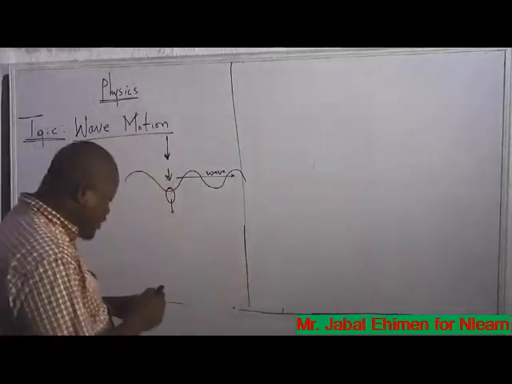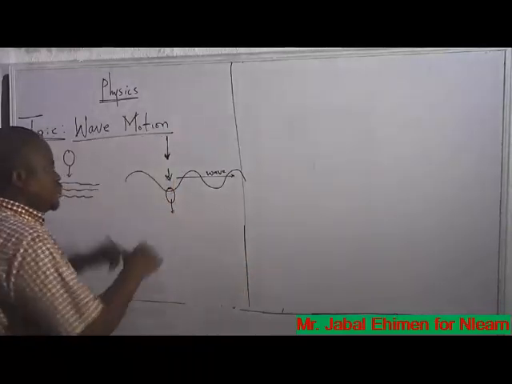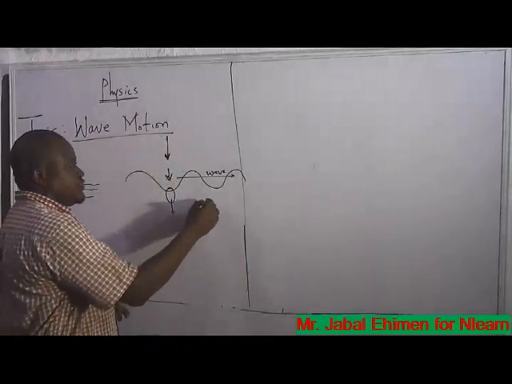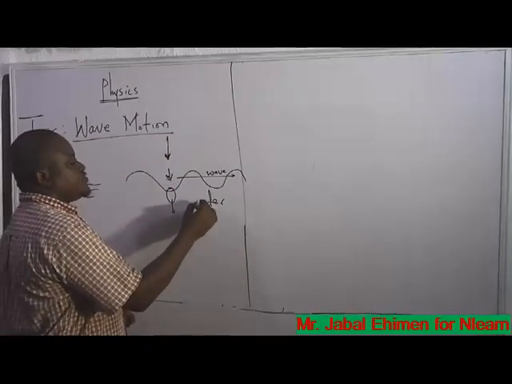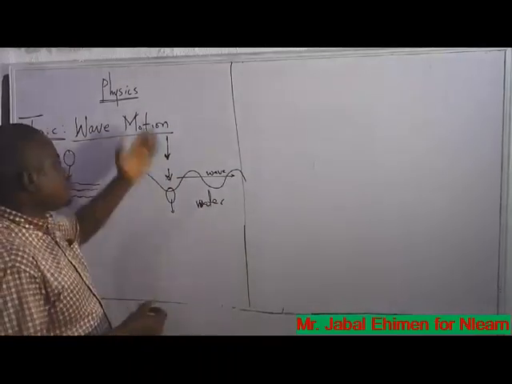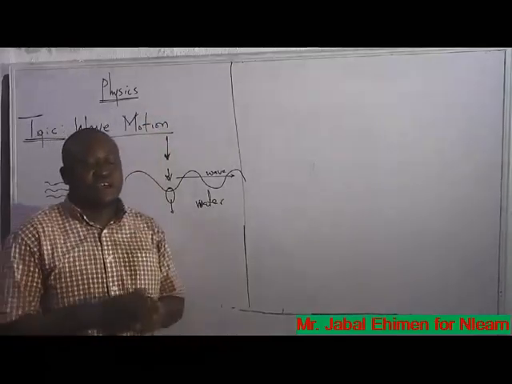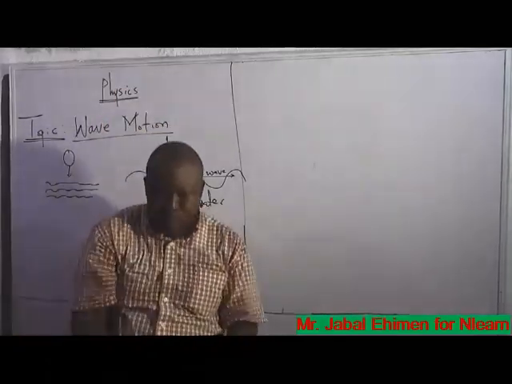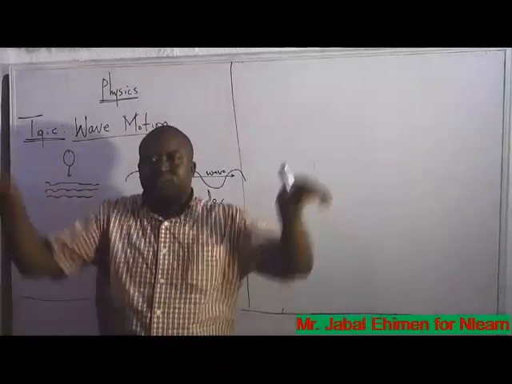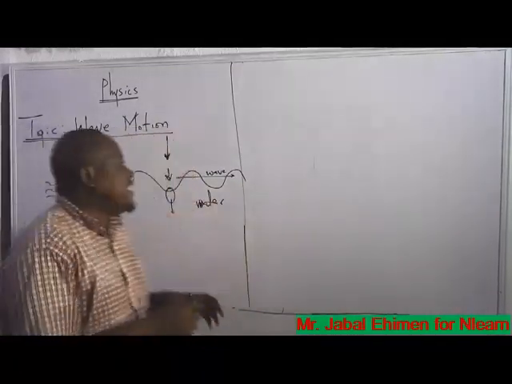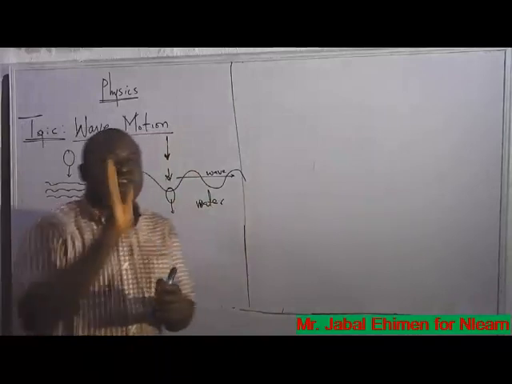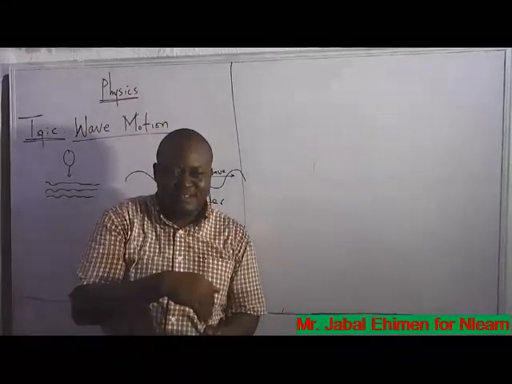itself. The water, we're talking about water, which is the medium. When you throw that body inside the water, you see it enters, it moves. As it's moving, it is the wave that is causing that upward and downward movement.